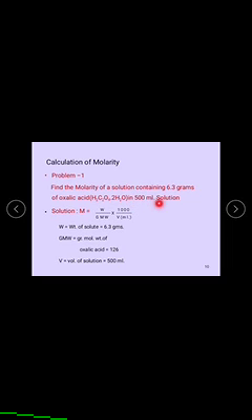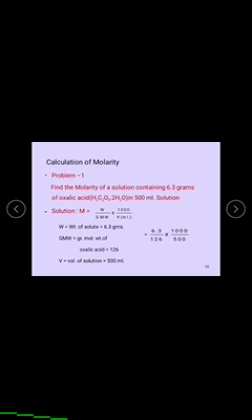Here the volume of the solution in this particular problem is 500 ml. Then we substitute these values into the formula. M is equal to 6.3 by 126 into 1000 by 500. We use this formula whenever the volume is given in milliliters.